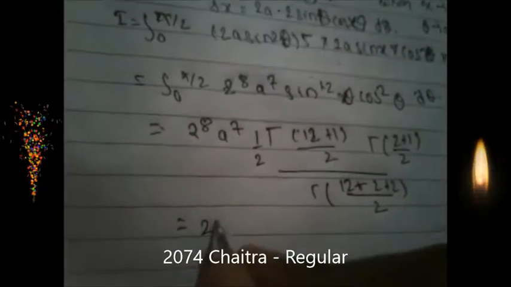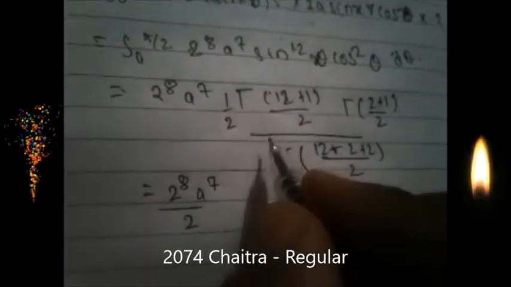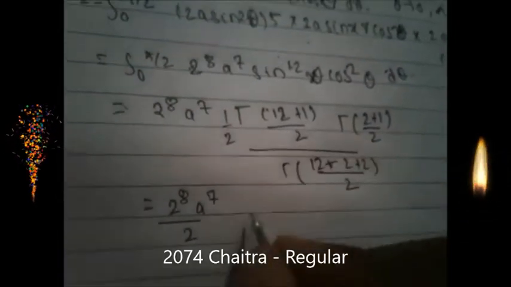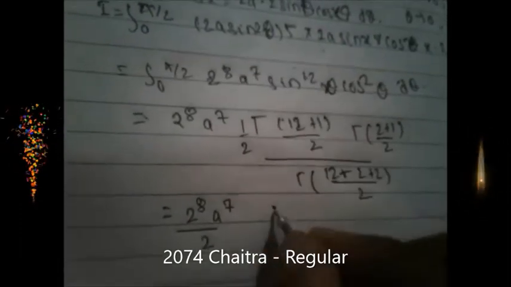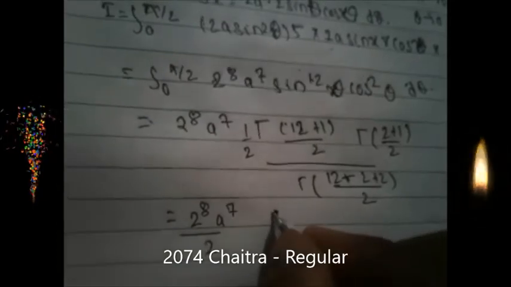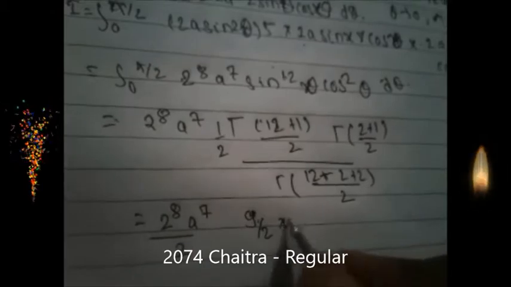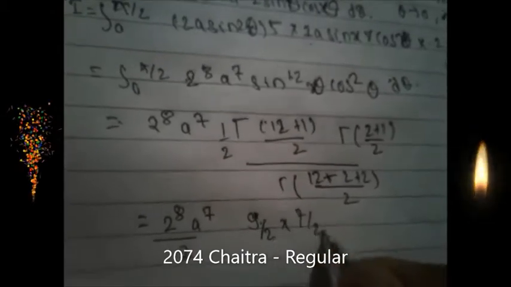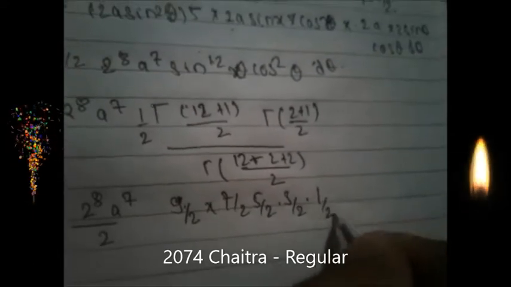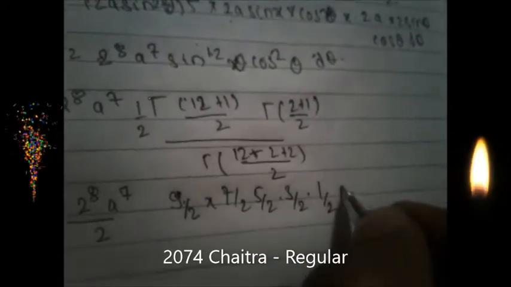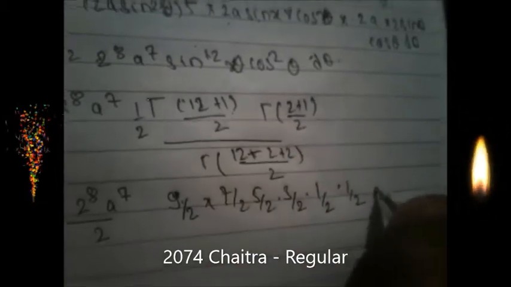We will get 2 raised to the power of 8, a raised to the power 7, upon 2, and this will be gamma 13 by 2. We can write gamma 11 by 2 as 9 by 2 into 7 by 2 into 5 by 2 into 3 by 2 into 1 by 2, and gamma 3 by 2 can be written as 1 by 2, and root pi from both gives pi.